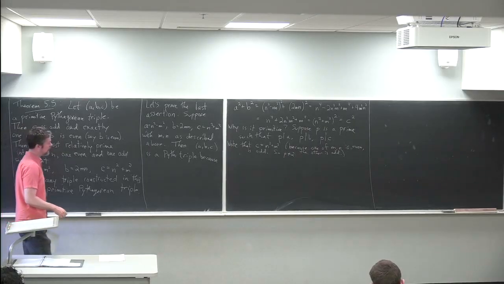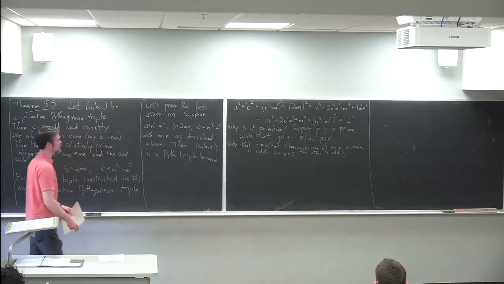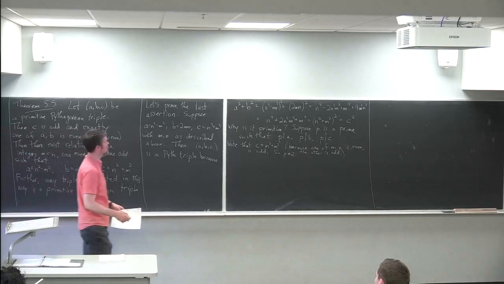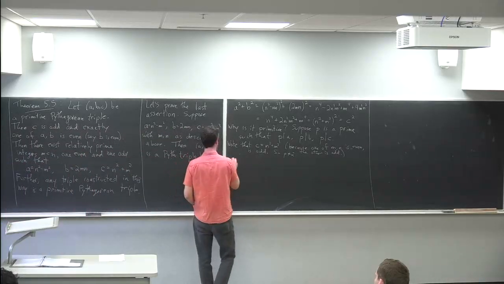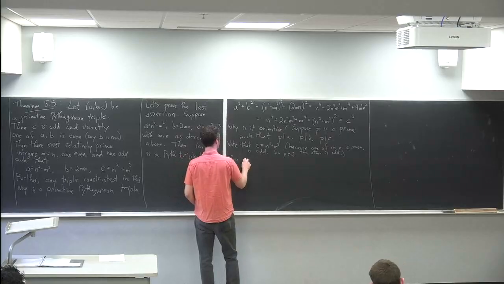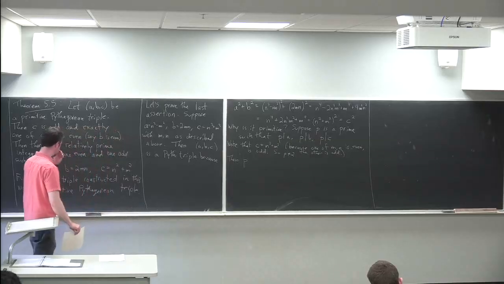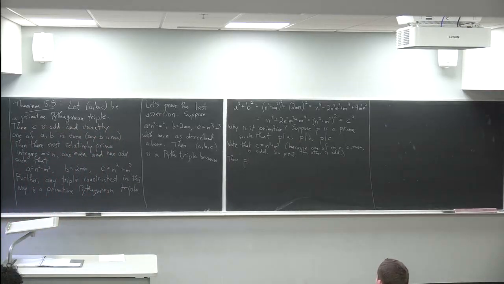So the way these kind of arguments usually go is playing around with linear combinations. If I know p divides A, B, and C, I can get that p is going to divide linear combinations of A, B, and C. In particular, a good linear combination to examine is something like A plus C. If you add A to C, the m squareds cancel.